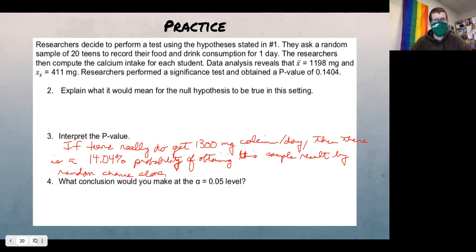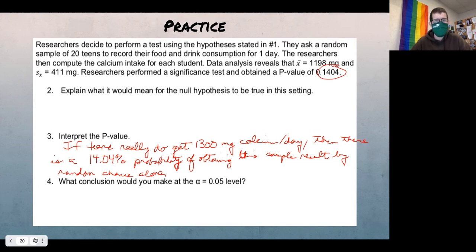So it just happens to be, I picked some people on average who get a lower amount. But I could have taken another sample and it was higher than average, right? So the probability that just randomly I'm going to pick 20 people and it averages out this way is 14%.